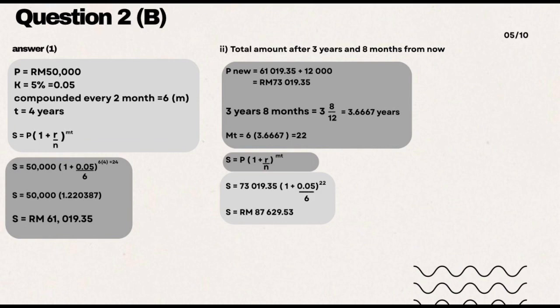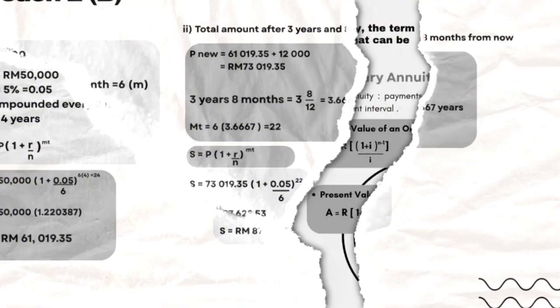So S equals RM 87,629.53. Therefore, the total amount after 3 years and 8 months is RM 87,629.53.